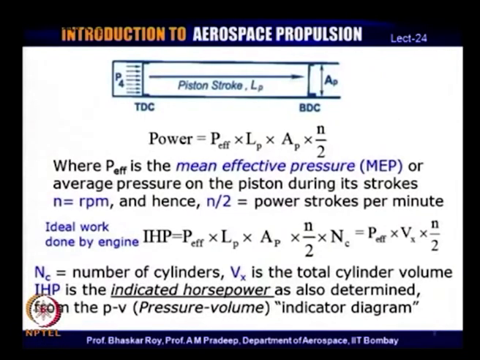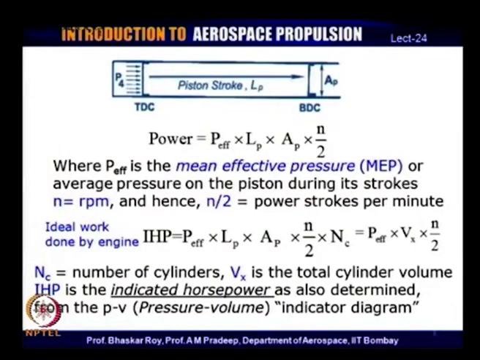Let us take a look at how the piston engines actually create power in terms of actual operation. We had seen how they can be put together in terms of thermodynamic considerations. Now, we can look at it from pure mechanical considerations.